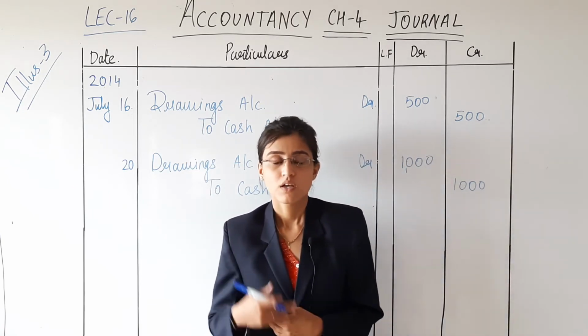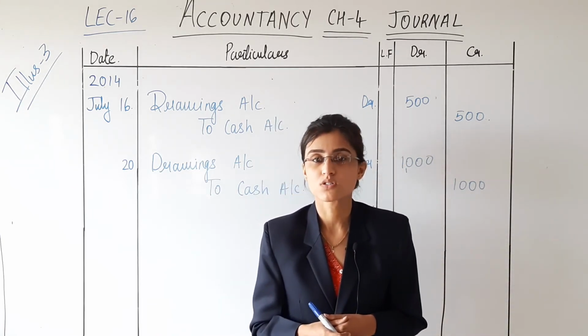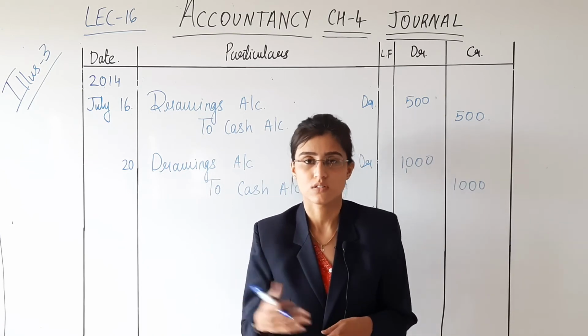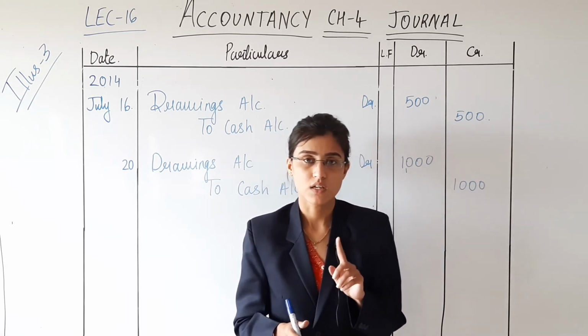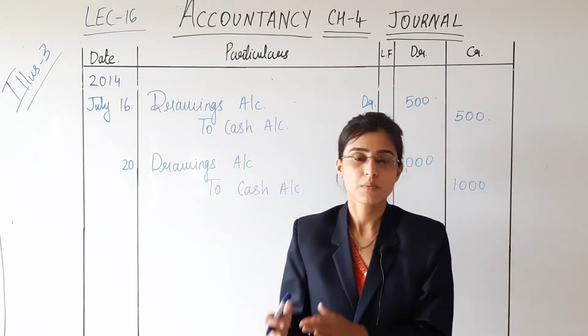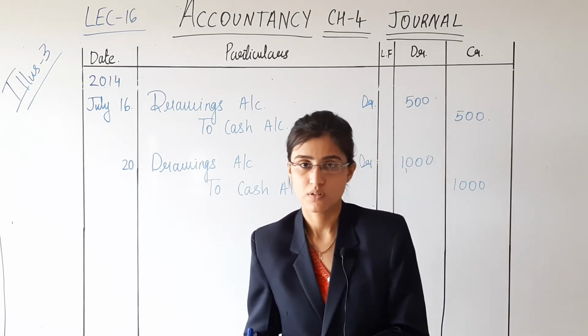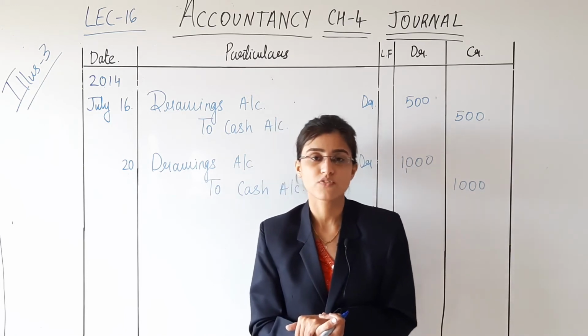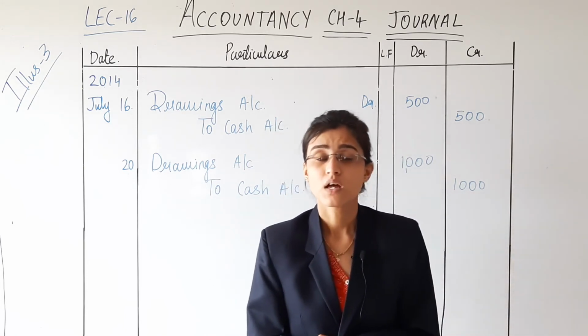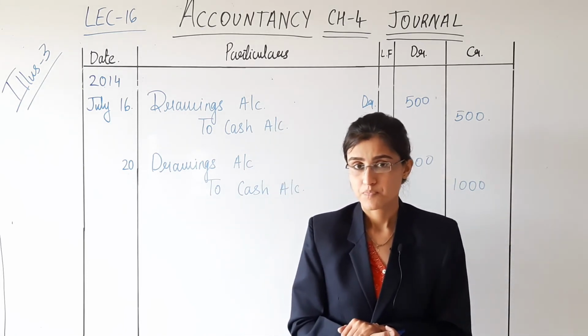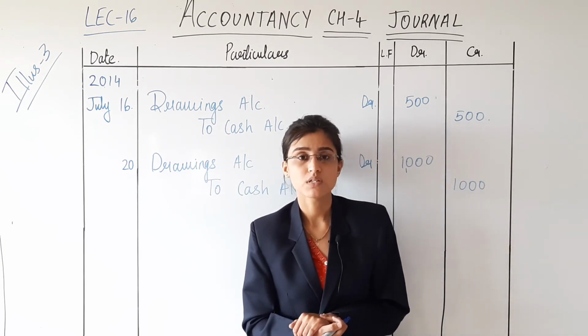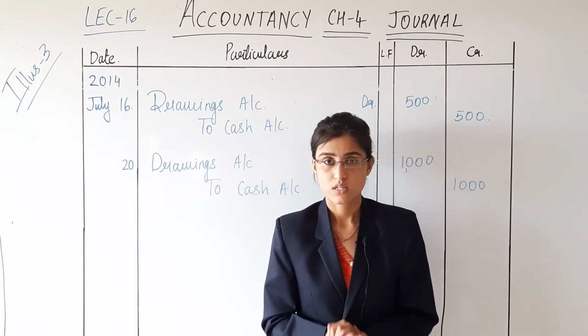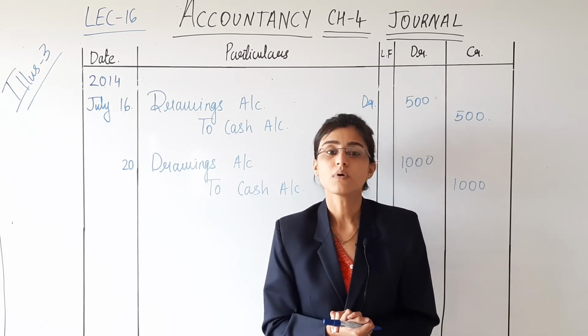Yes, if the insurance is taken for goods of business, it is fire insurance premium. Life insurance premium is of an individual. So life insurance premium is personal expense of the owner which is paid from business. So again, life insurance premium is termed as drawings, which is paid from business.